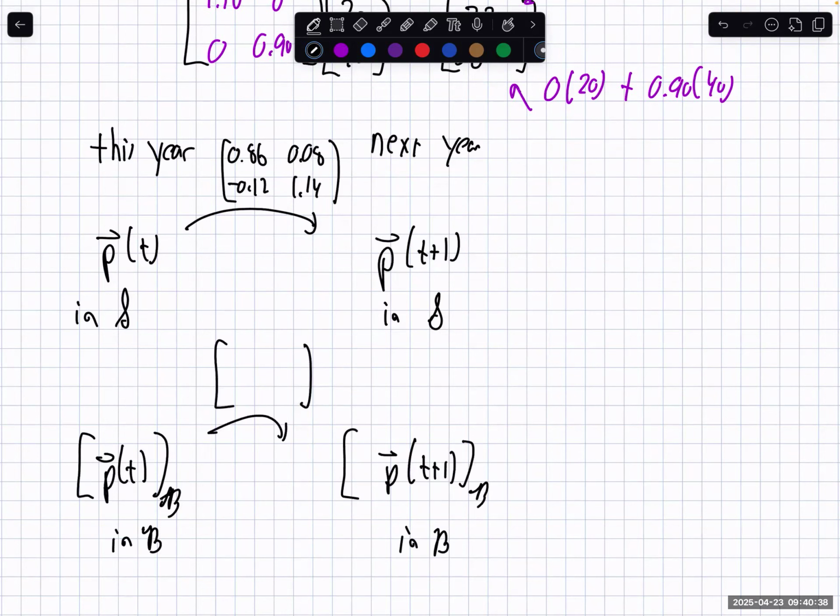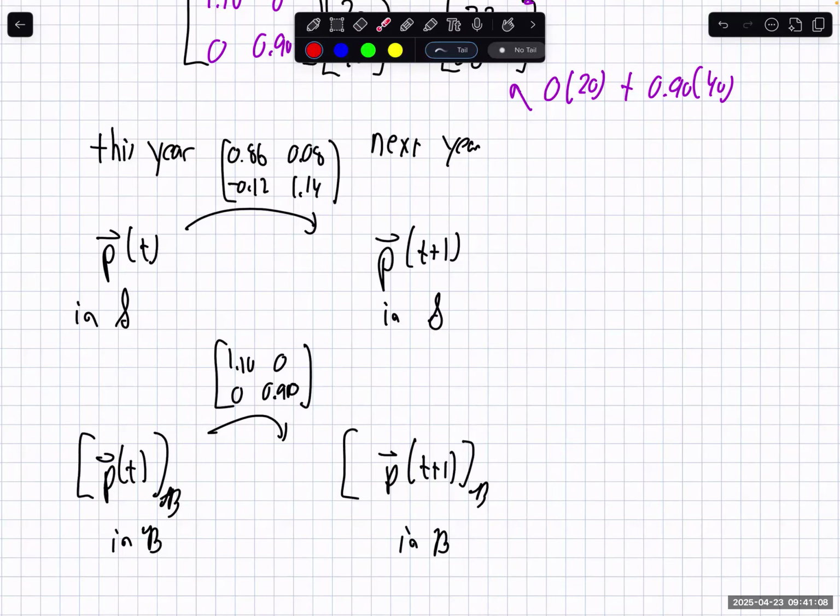And if we want to do that transformation relative to this better basis, that's the transition matrix. So we've got a matrix that's transforming input vectors into output vectors. The matrix we use depends on the coordinate system we're using to represent those input and output vectors.